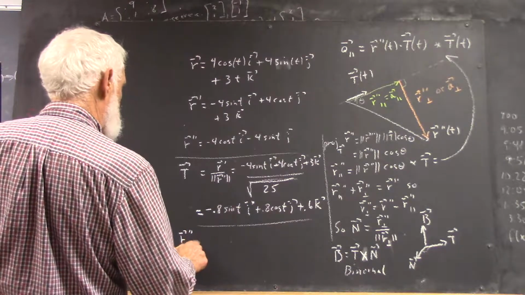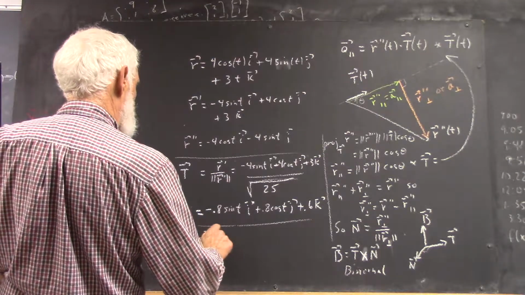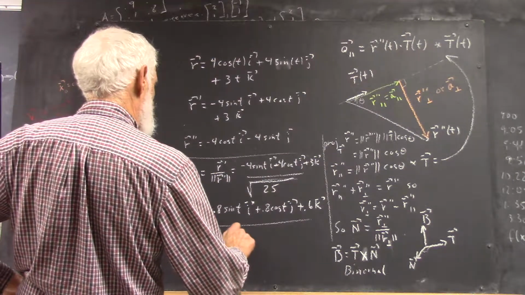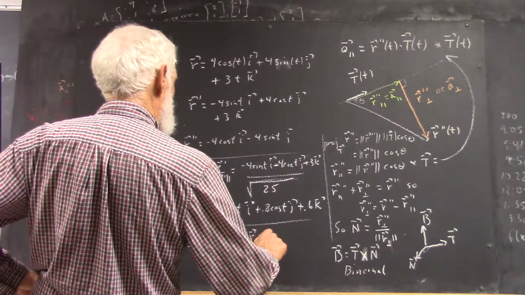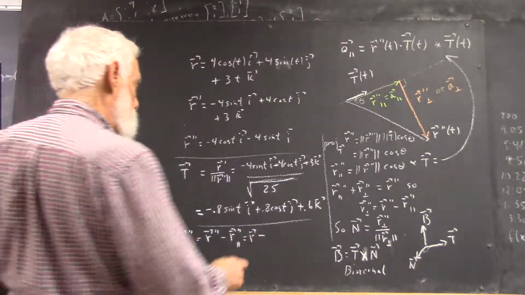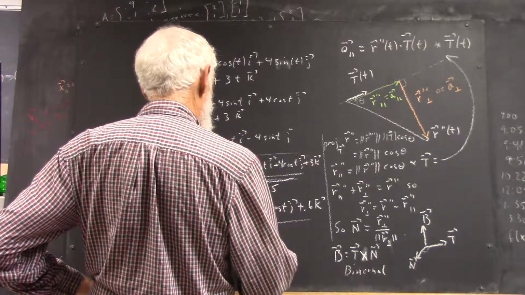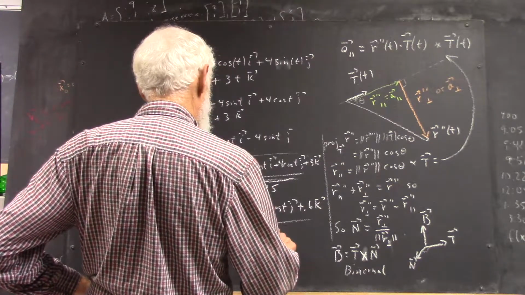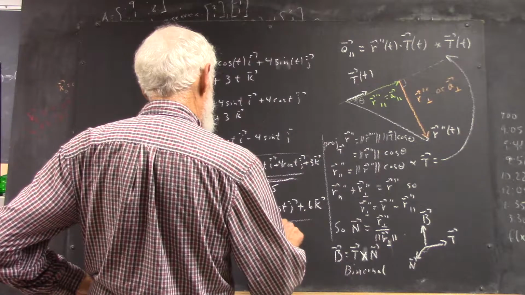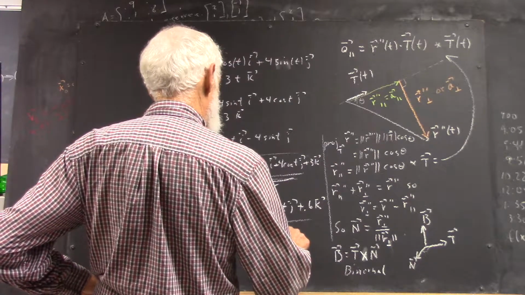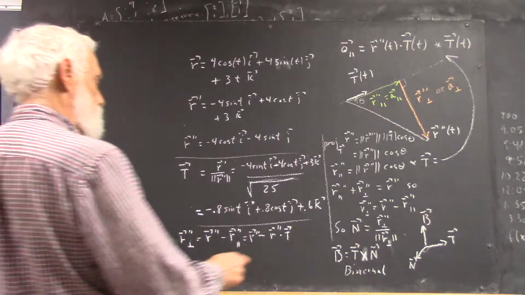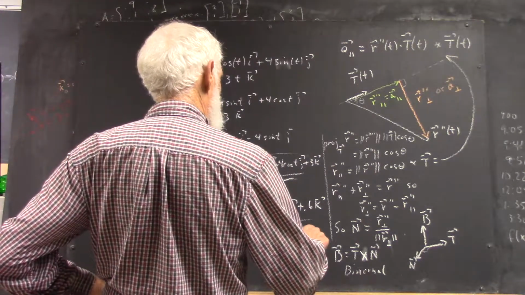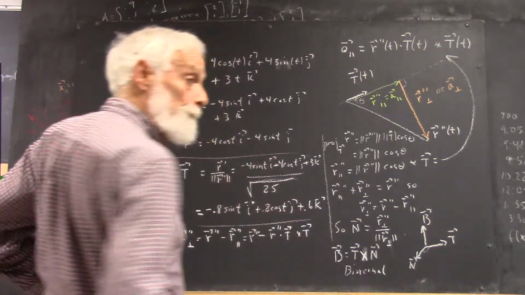R double prime perpendicular equals R double prime minus R double prime parallel, which is R double prime minus R double prime dot your unit tangent vector, multiplied by your unit tangent vector.